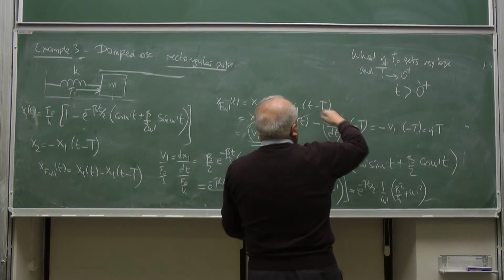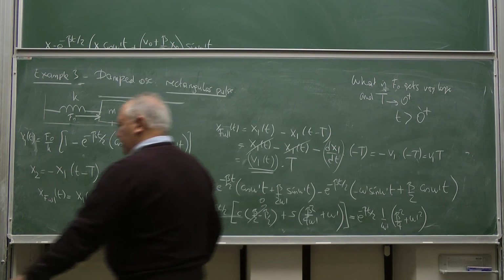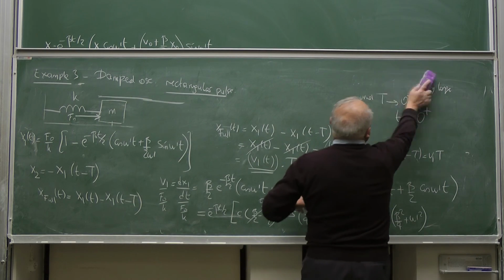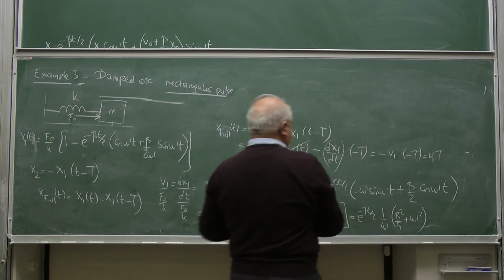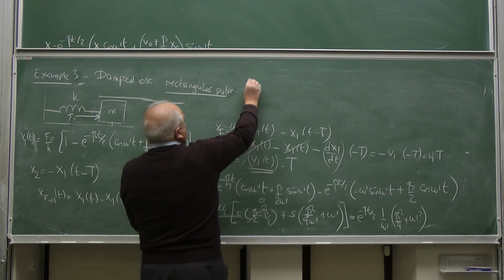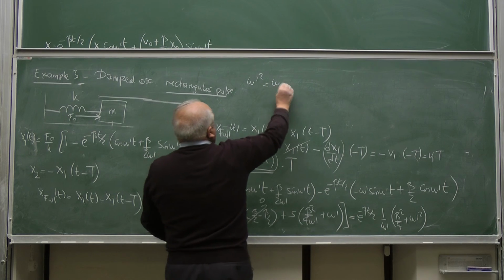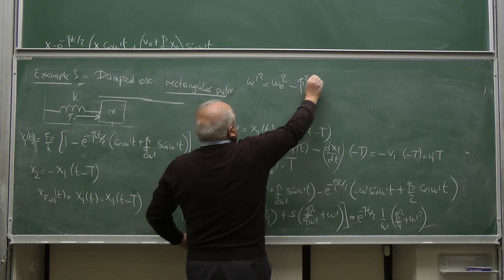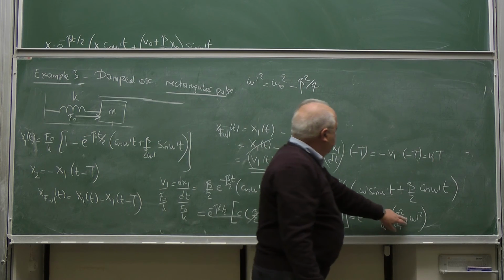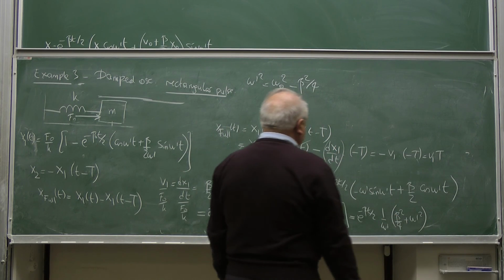I will now switch upstairs to make room. Let us remember that omega prime squared is omega 0 squared minus beta squared over 4. So beta squared over 4 plus omega prime squared is simply omega 0 squared.